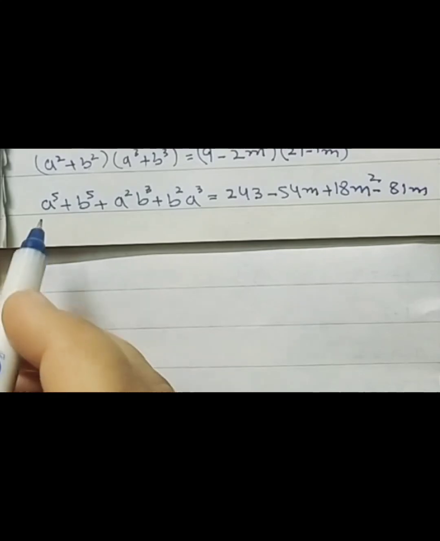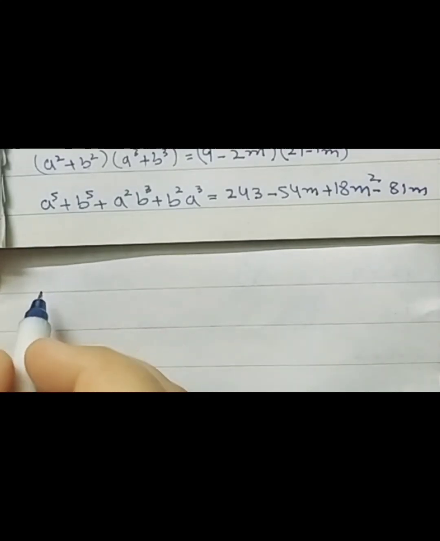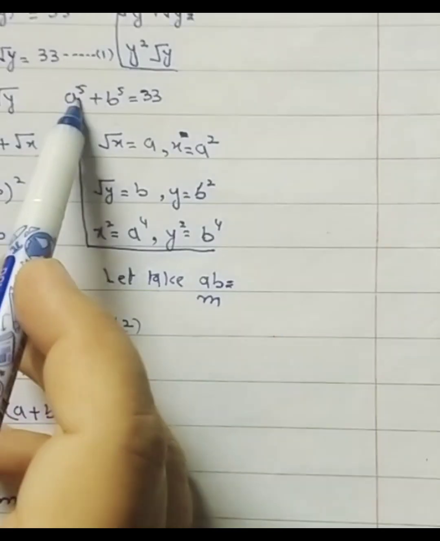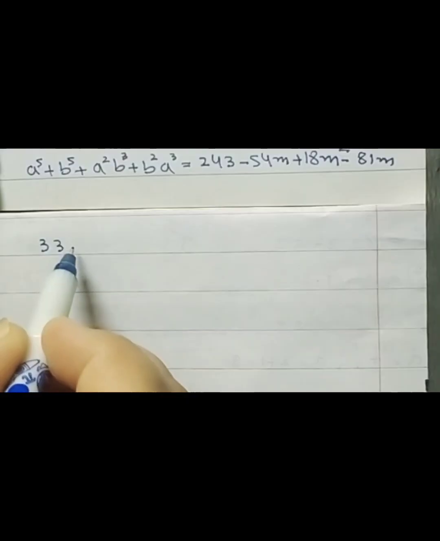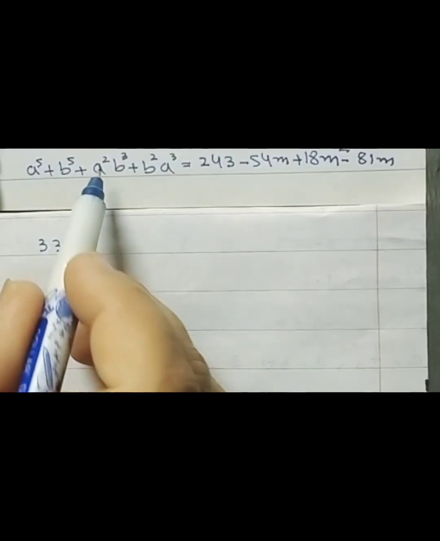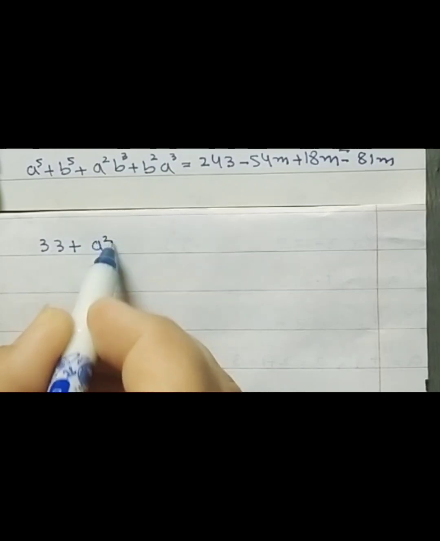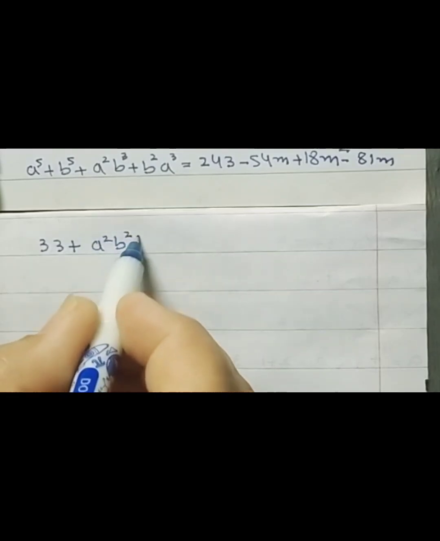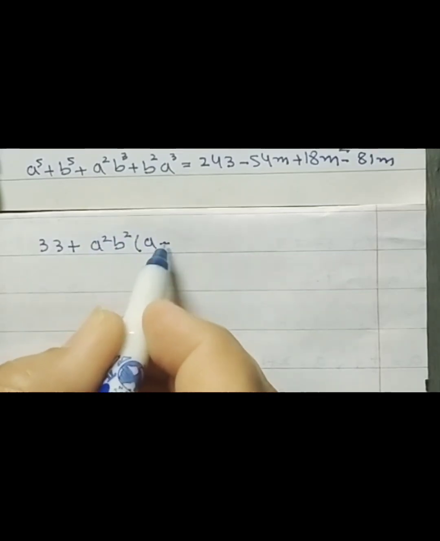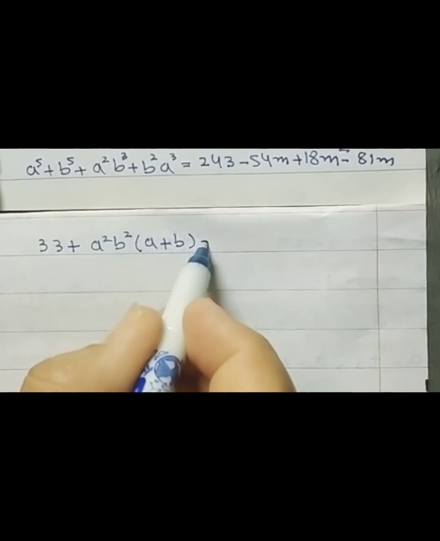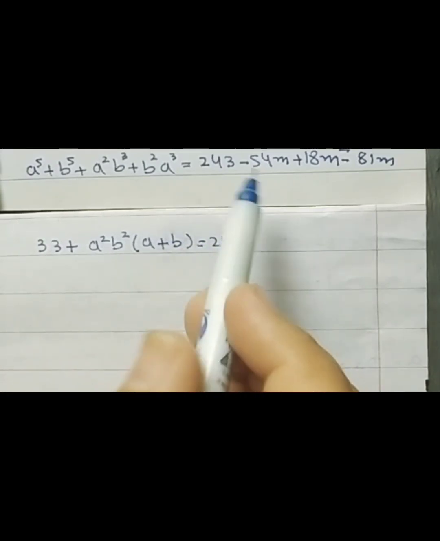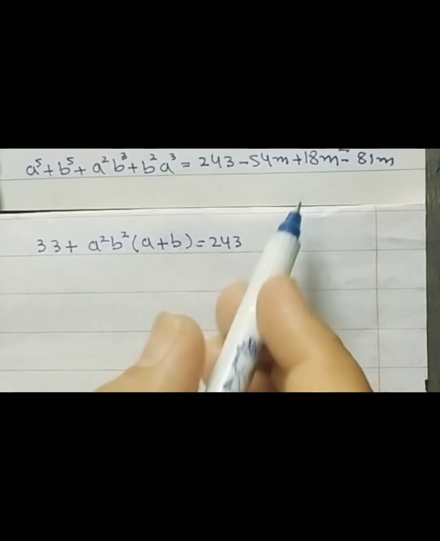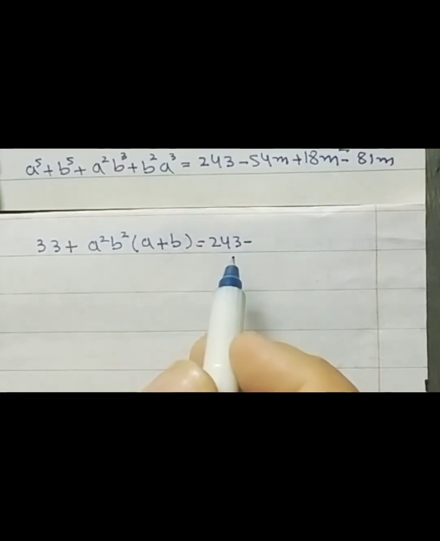After further solving, we get a^5 + b^5, as we know, is equal to 33. So 33 plus, here we are taking a^2 b^2 common from both terms, and the remaining a + b, is equal to 243 minus 54m and 81m.